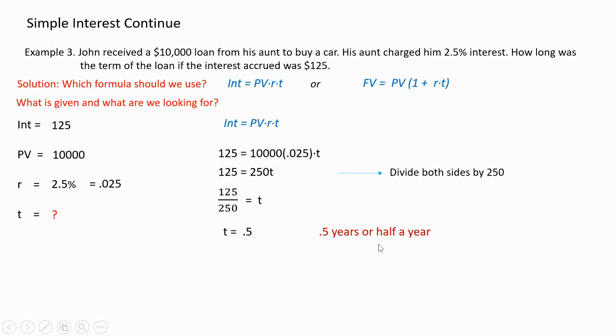So it's going to take half a year. Again, how long was the term of the loan? If the interest accrued was 125, it took half a year for John to pay.